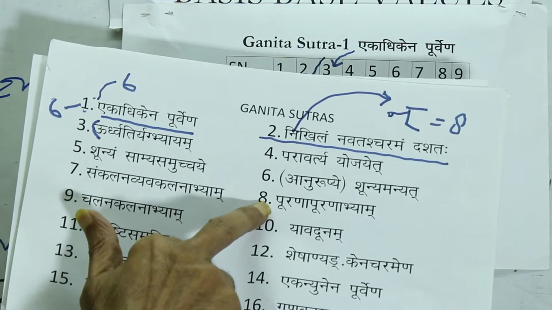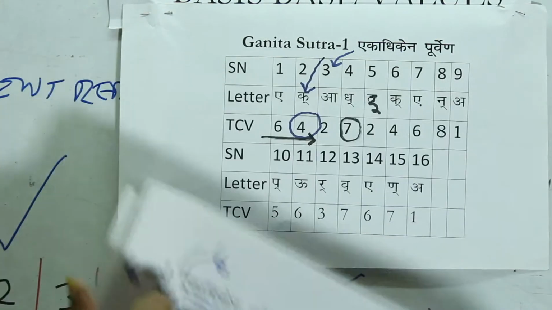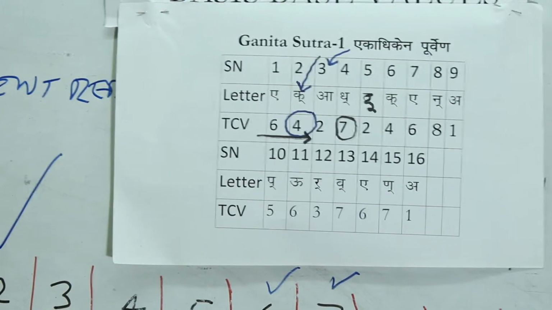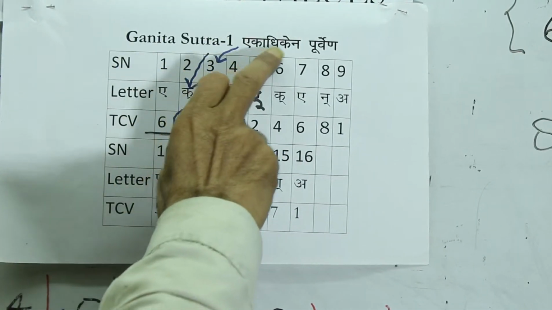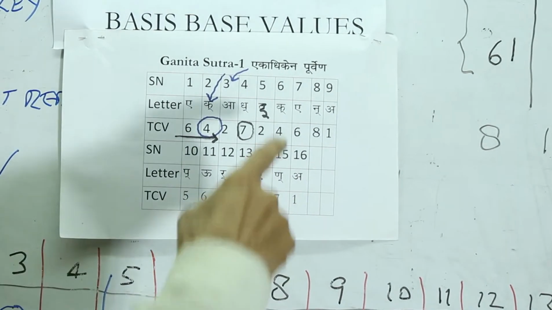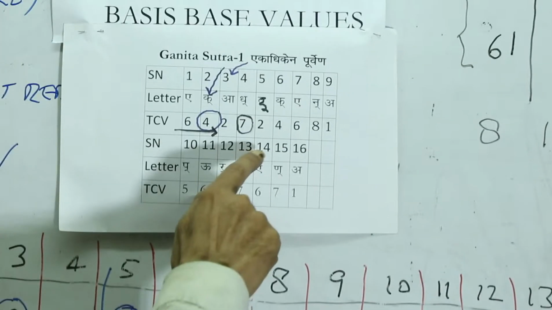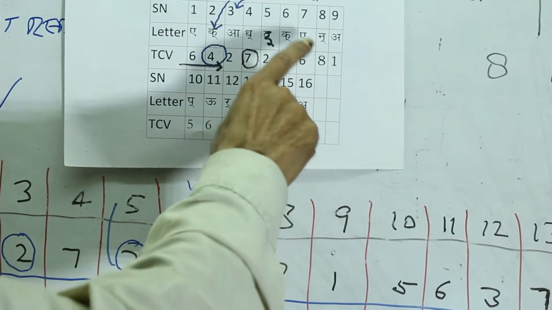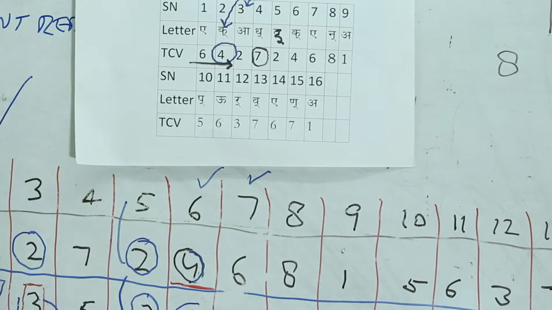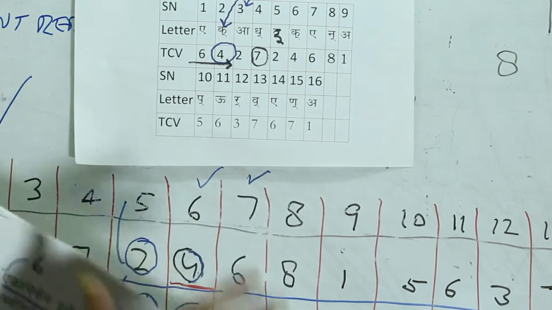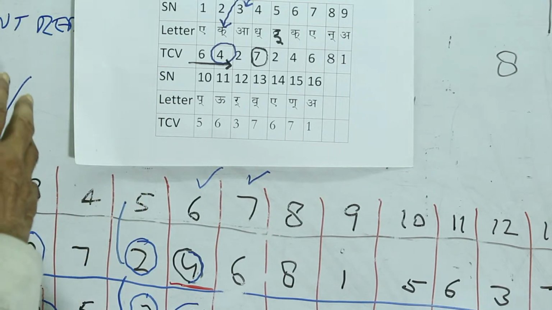However, the structural key of the 8th Ganita Sutra is going to be 8, as the 8th letter of the text of Ganita Sutra 1 is Na. This Na has value 8. Therefore, the 8th Ganita Sutra has its transcendental code value as 8 for the first letter.